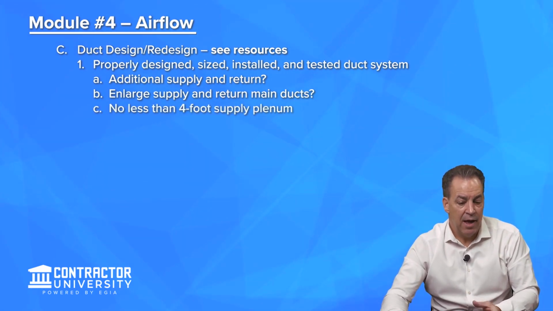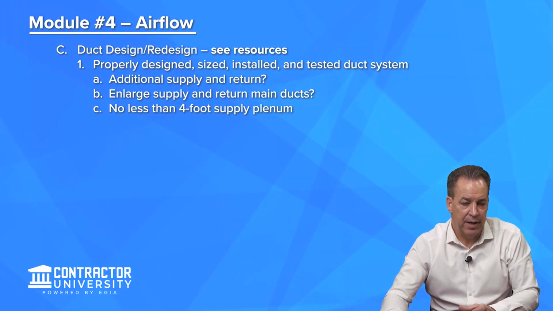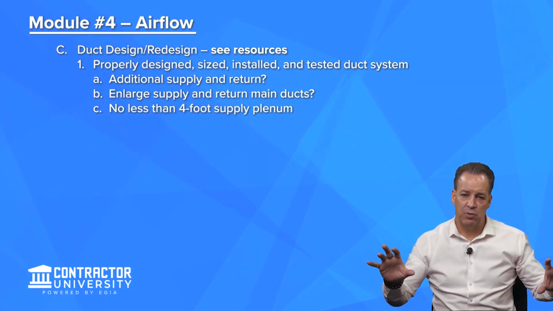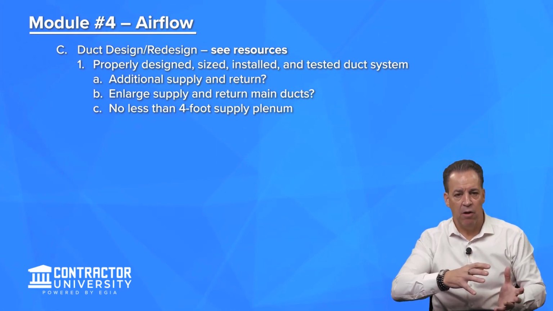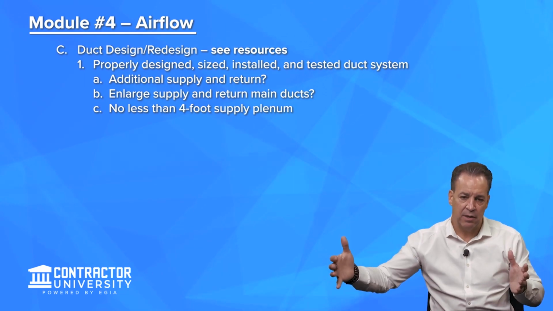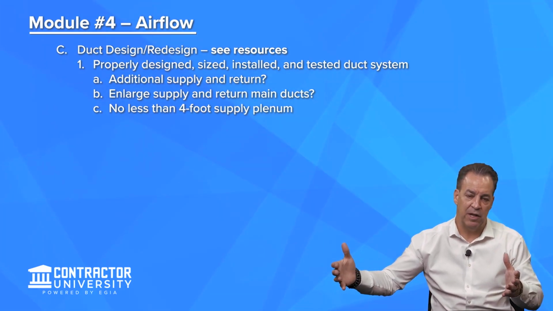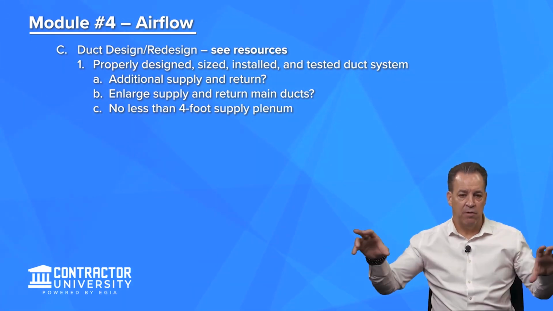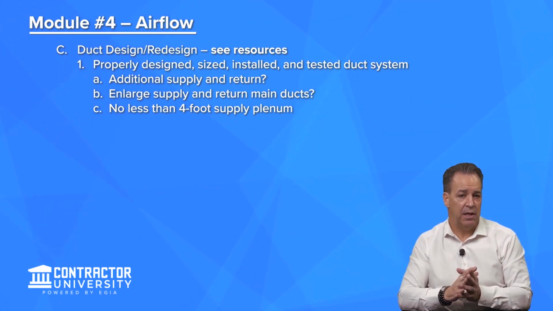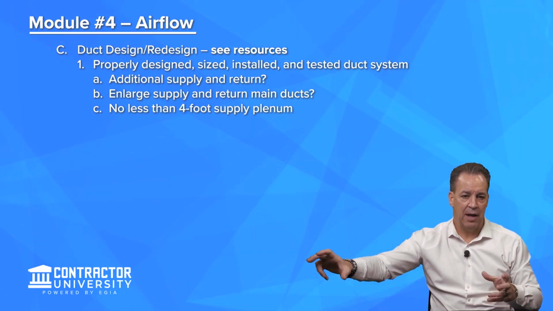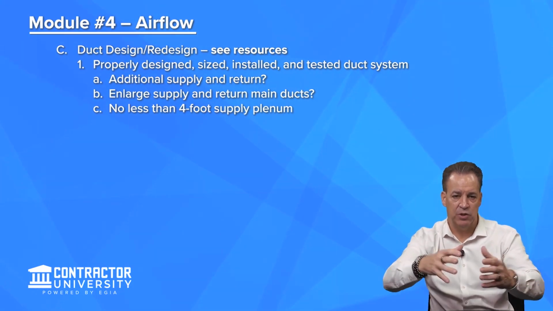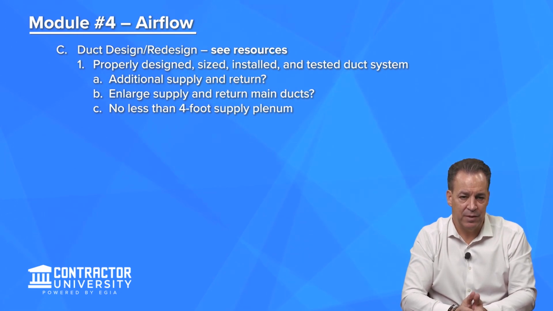No less than 4 feet supply of a supply plenum. And so if you have a horizontal situation, I recommend that you have a duct that comes off the supply side. That's a main duct that's no less than 4 feet. And then you can run your flexes off of that. Now, ideally, again, I would recommend running a main supply duct all the way down and then have my branches come off, as you saw in the graphic previously.